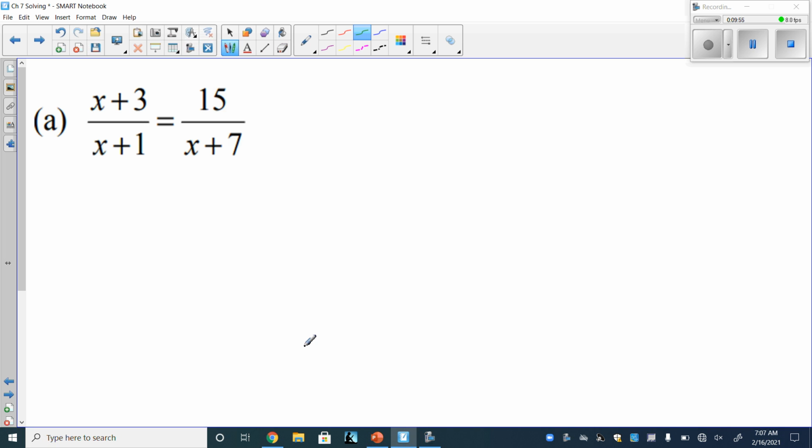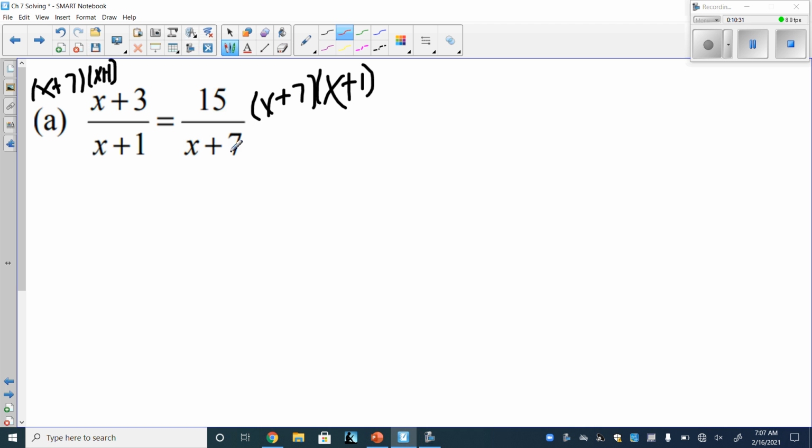All right, so we're going to look at this one here. Again, we're doing the same thing, and if you notice, we're almost multiplying the denominators. So an x plus 7 and an x plus 1, we're going to multiply both sides by these.